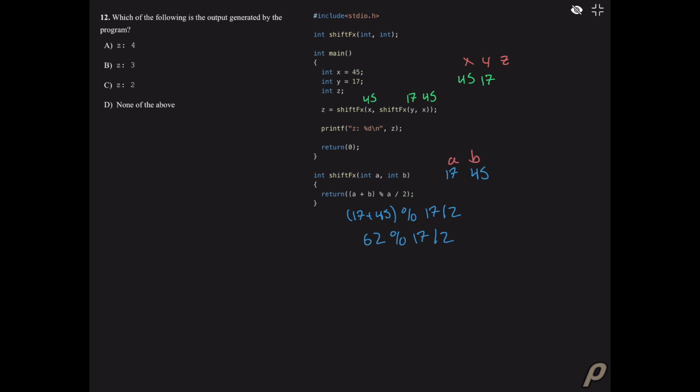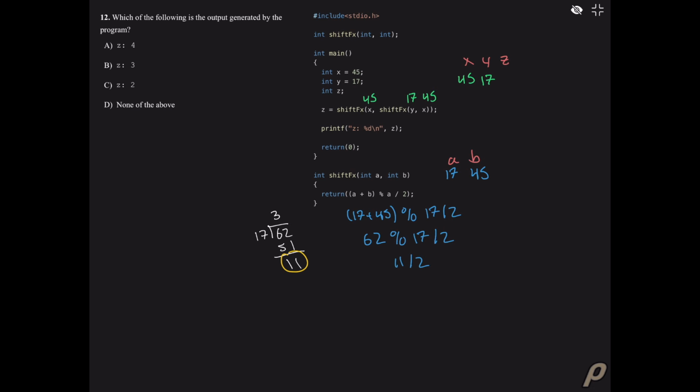And if you're wondering how in the world do I calculate what that is, we'll do a little division over here on the left. So 17 and 62. We know that 17 can go into 62 3 times. So when we do 17 times 3, that's 51. And this gives us a remainder of 11. And this 11 is the answer to our modulus, as modulus is merely the remainder of the division. So this means that we have 11 divided by 2.